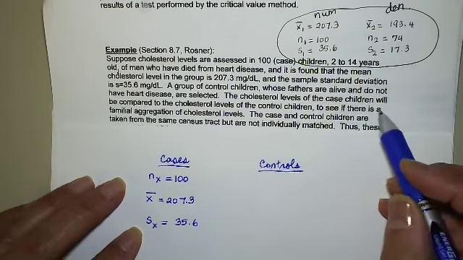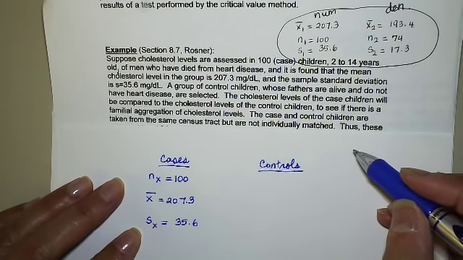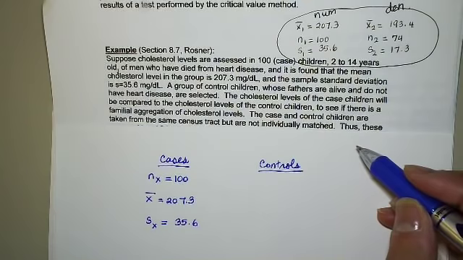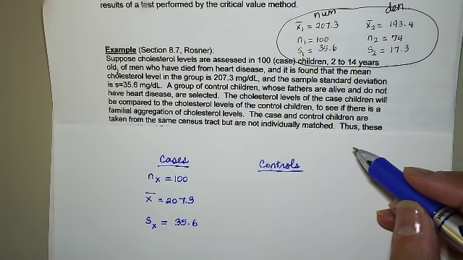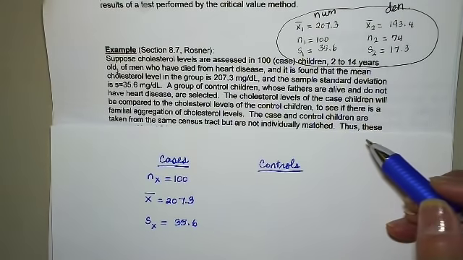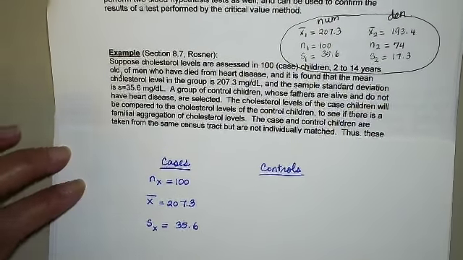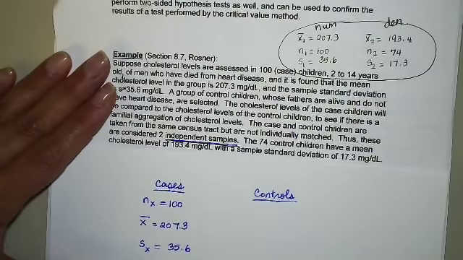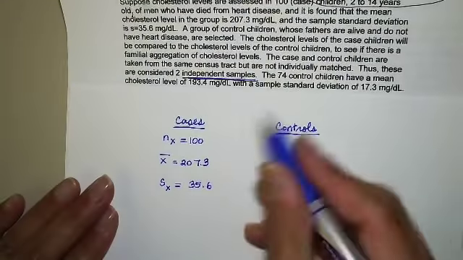And a group of control children whose fathers are alive and do not have heart disease are selected. The cholesterol levels of the case children will be compared to the cholesterol levels of the control children to see if there is a familial aggregation of cholesterol levels. The case and control children are taken from the same census tract but are not individually matched.